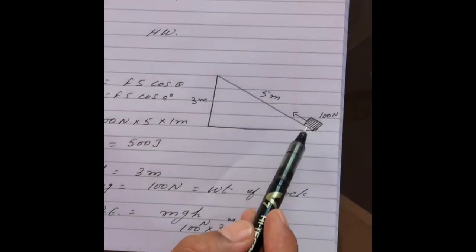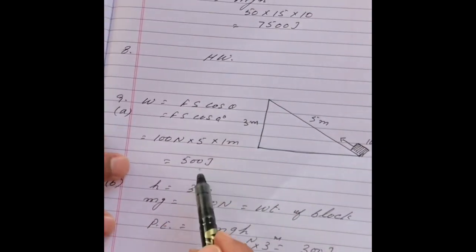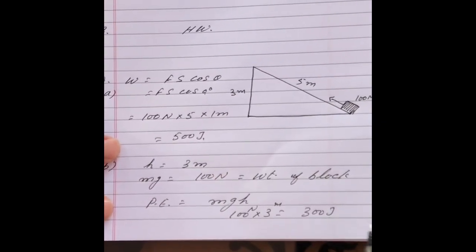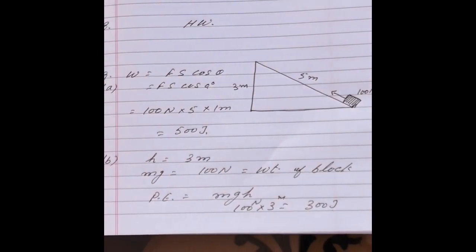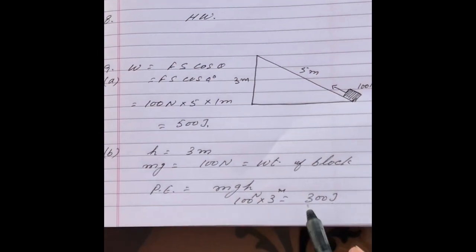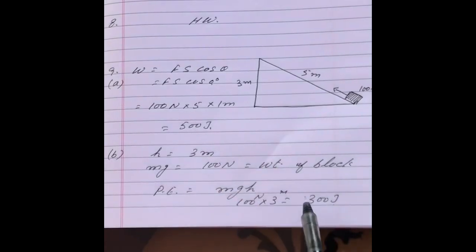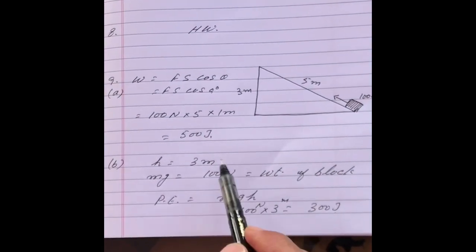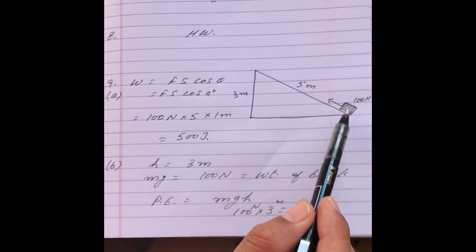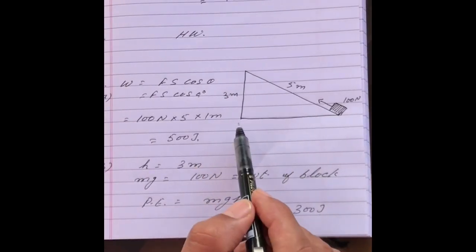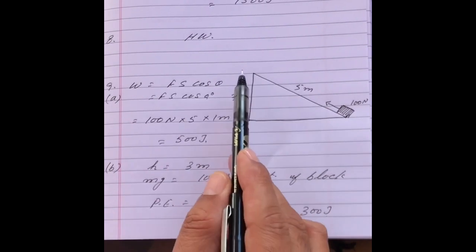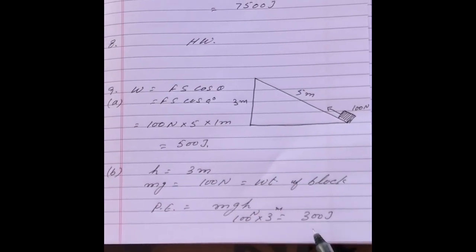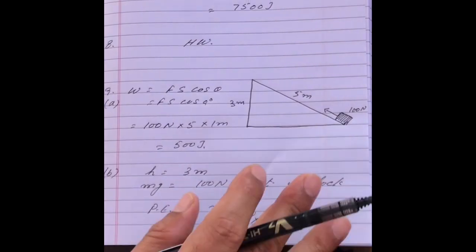Work done on the block is 500 joule. Increase in energy is 300 joule. Now question arises where the extra 200 joule are spent. The work done on the block is 500 joule, but increase in energy is not 500 joule. It is 300 joule. So where does the difference 200 joule go?